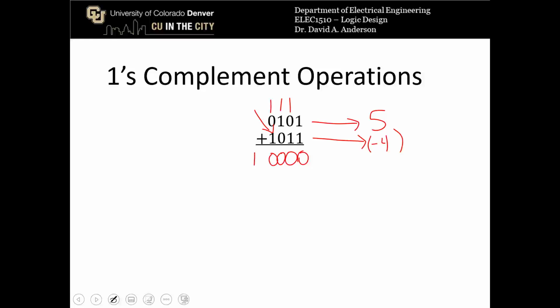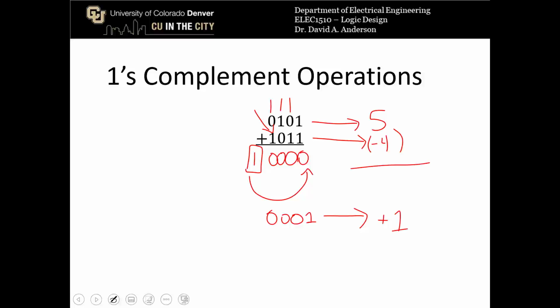And now for ones complement operations, what you have to do is take the leading bit, the bit that you get that's more significant than the bits in either of the two numbers that you were adding together, and add it back to the end. So then we get 0001. And that is the binary representation for positive 1, which is the answer.